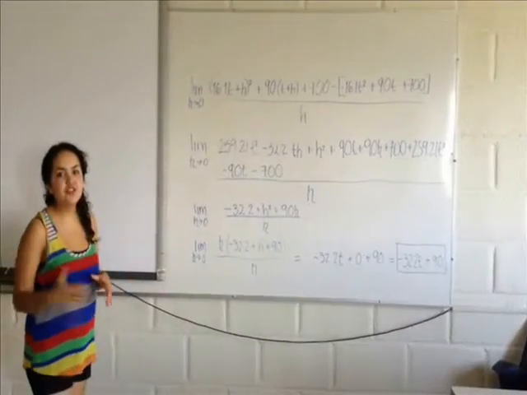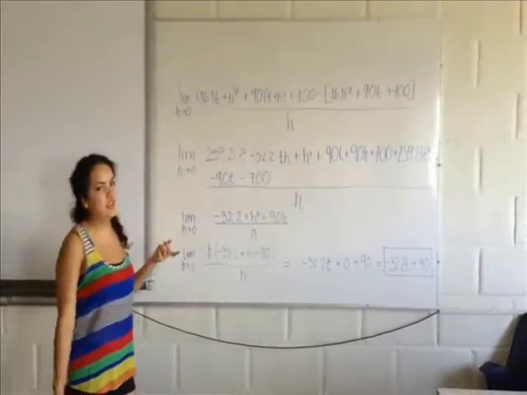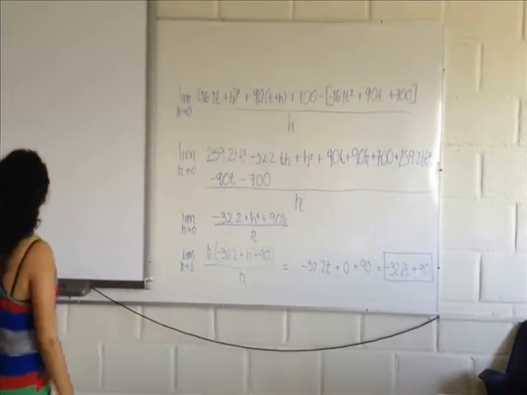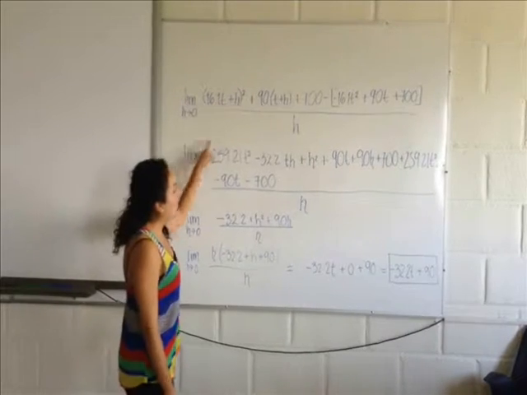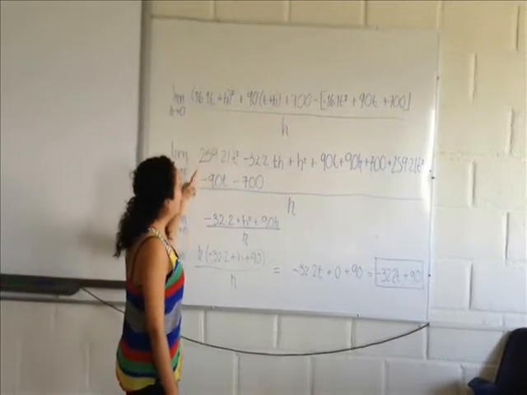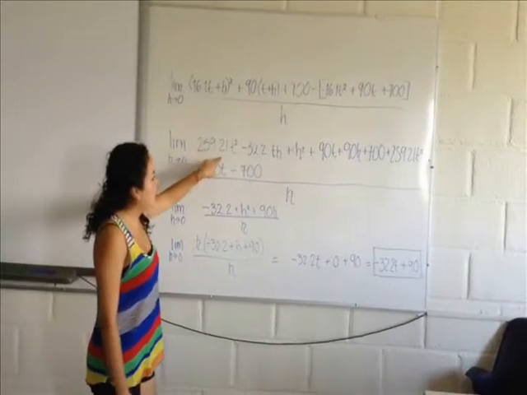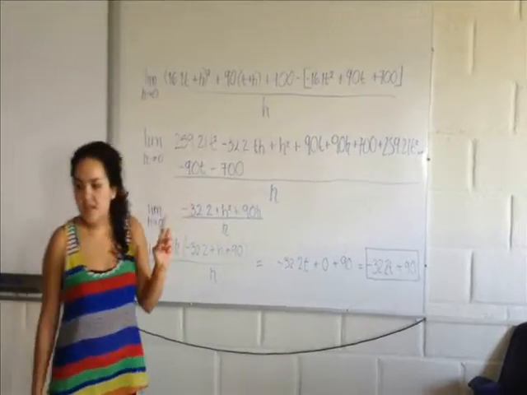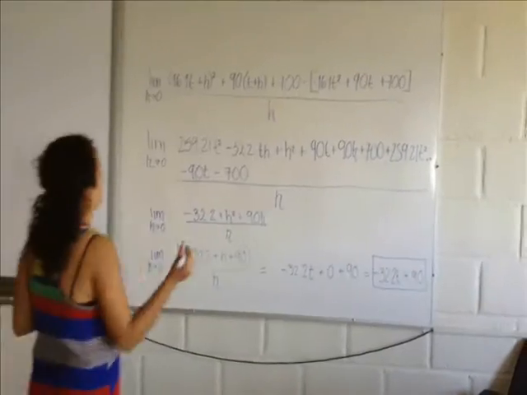Now I'm going to explain the process to get the equation of the velocity. First, we substitute all values in our last equation, and we get similar values, and we eliminate them because they are the same.